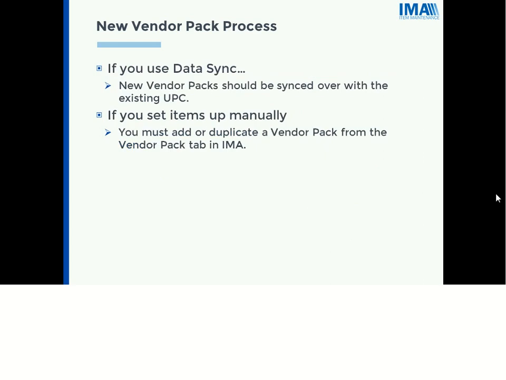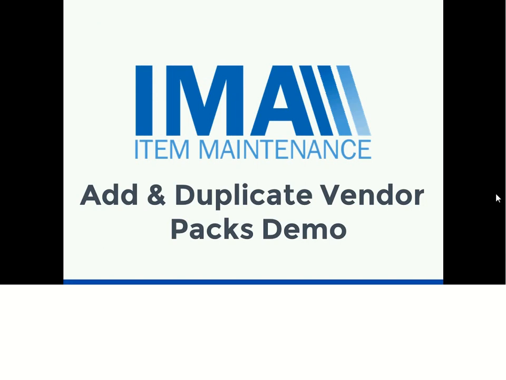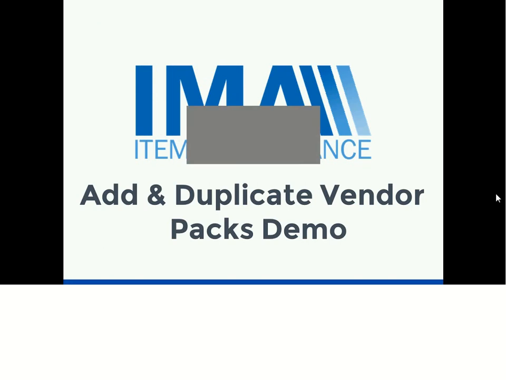So for the process, if you do use data sync, you shouldn't really be building them manually. It's best to sync them over with the existing UPC. If you do set items up manually, you must add or duplicate a vendor pack from the vendor pack tab in IMA. And that's what I'm going to show you next.